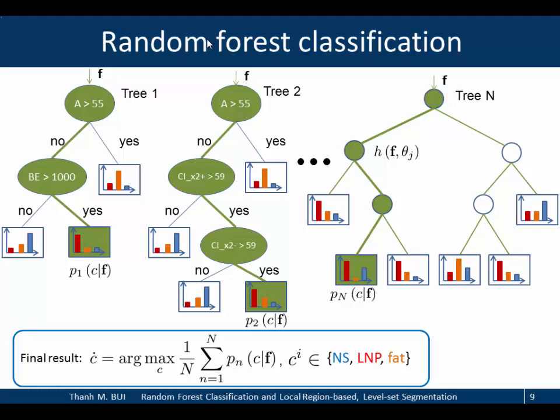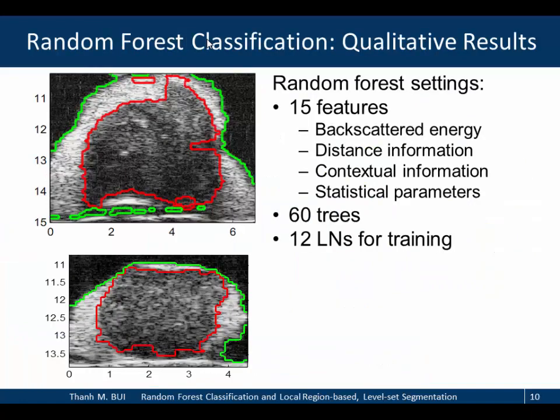The class of maximum probability is used to label the feature vector. As I said, we extracted 15 features, built 60 trees, and used 12 lymph nodes for training the classifier.